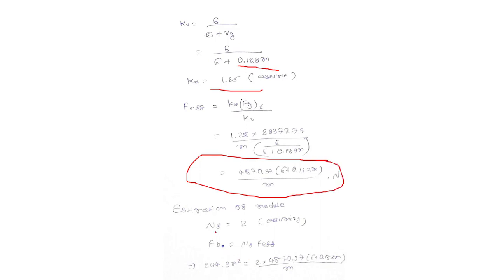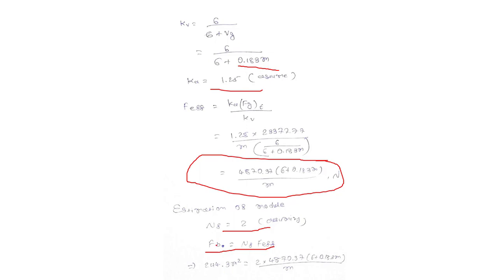Now for calculating the module, we assume the factor of safety is 2, and as we already discussed that Fb is lesser than Fw, we put Fb equal to nf into F effective.